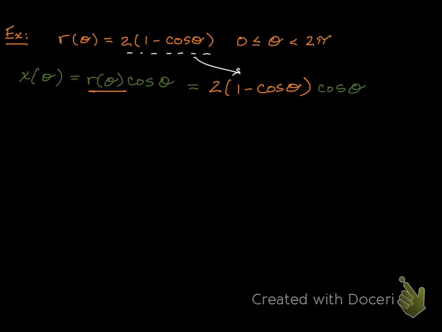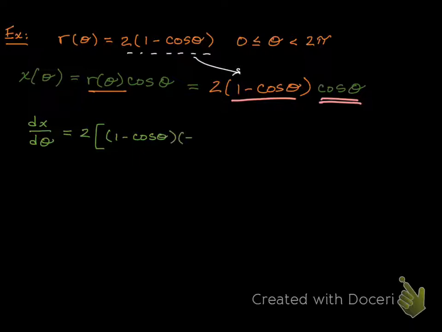What I notice here is that I really have two functions of theta multiplied by one another. When I take a derivative, I need the product rule. So I find dx/d theta, product rule, leave the 2 out. I get 1 minus cosine theta first times the derivative of the second, which is minus sine theta, plus cosine theta times the derivative of the first, which is 0 plus sine theta.